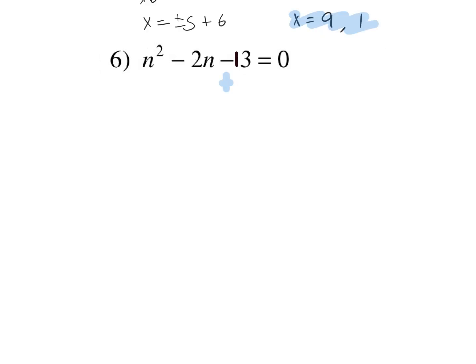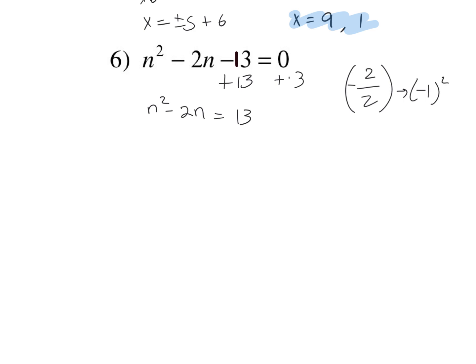So I'm going to add 13 on both sides. And we get n squared minus 2n is equal to 13. Your b over 2 is negative 2 over 2, which is negative 1 squared. So your b over 2 squared is 1. So we get n squared minus 2n plus 1 equals 13 plus 1.